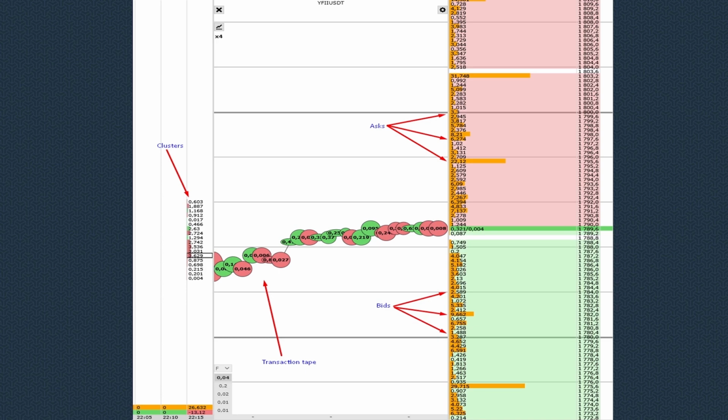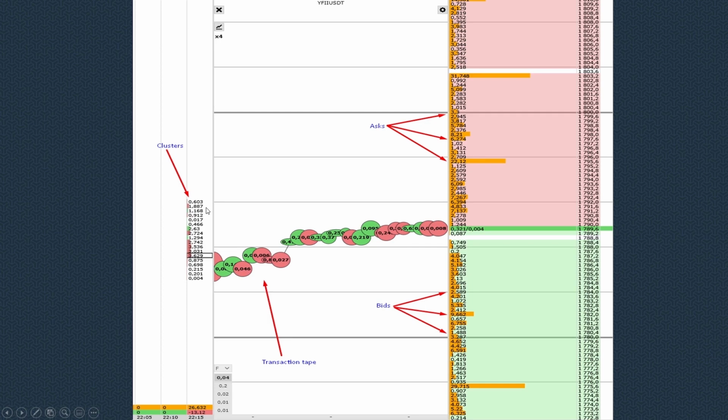For example, here we see that on the previous candle, on this price, the volume was one contract and 887.